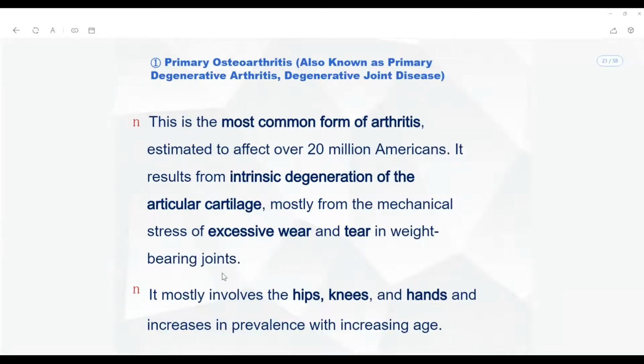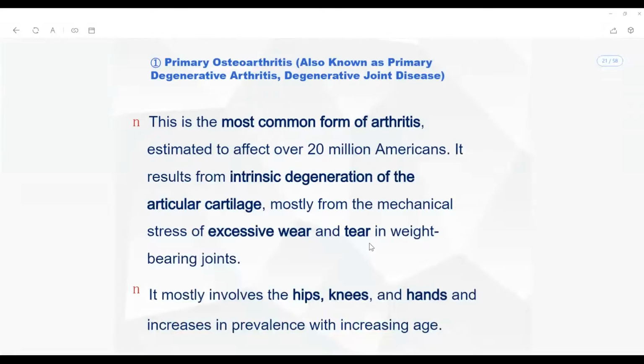Osteoarthritis is characterized by intrinsic degeneration of the articular cartilage because of excessive wear and tear along the weight bearing regions, which are technically the hips, knees, and hands. Advancement of age increases the prevalence of osteoarthritis, and it is also known as primary degenerative arthritis.